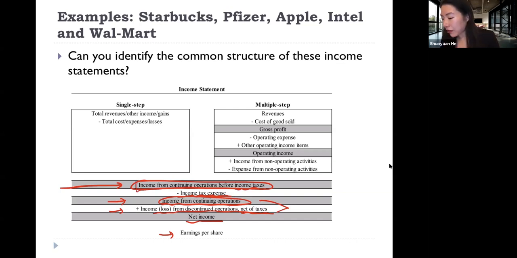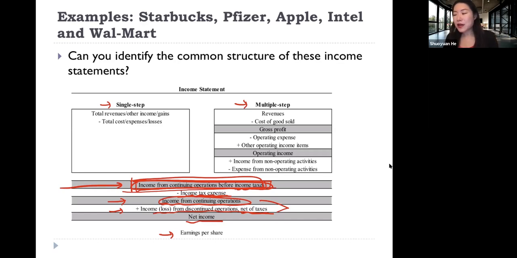For the income from continuing operations before income tax, depending on the firm, there can be two reporting formats. The firm can report this portion using single step or multiple step.